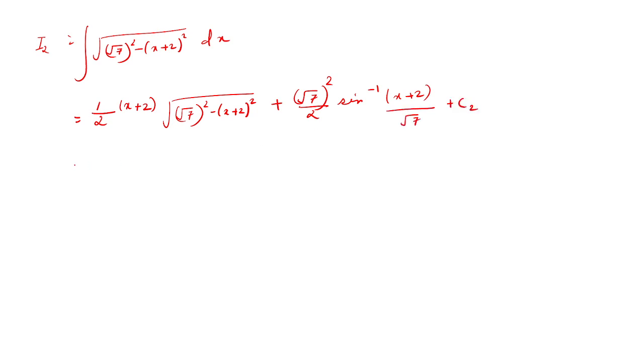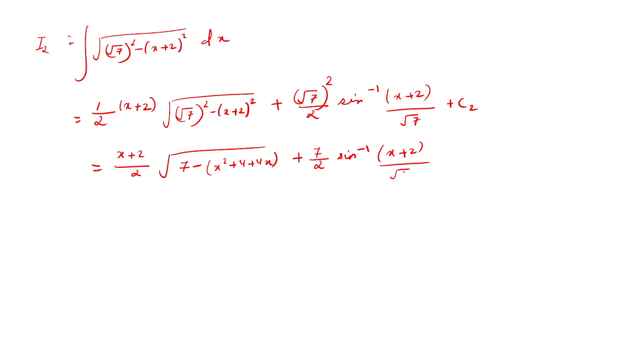plus c2, okay? X plus 2 by 2, remove this, so root 7 square becomes 7, open up the bracket, so this becomes x square plus 4x, root 7 square becomes 7 by 2 sine inverse of x plus 2 by root 7 plus c2, okay? So x plus 2 by 2.